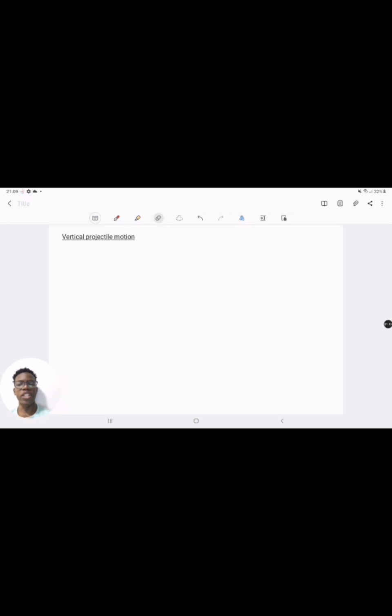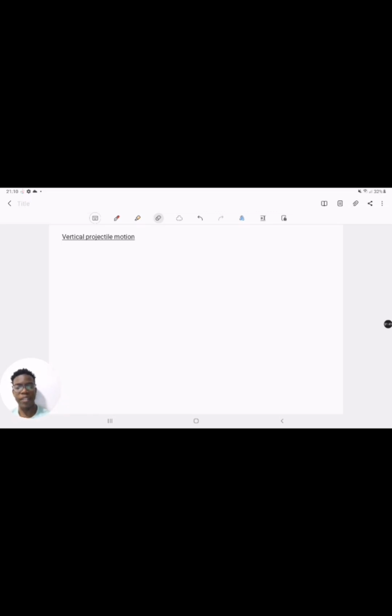Now, what is a projectile? A projectile is simply something that is projected. What is the meaning of the word projected? To project something is to simply throw something, or to apply a force onto something, giving it momentum, causing it to move. Okay, so we understand what vertical is, we understand what projectile is, and what is motion?